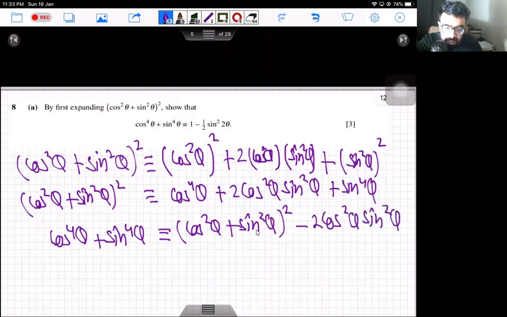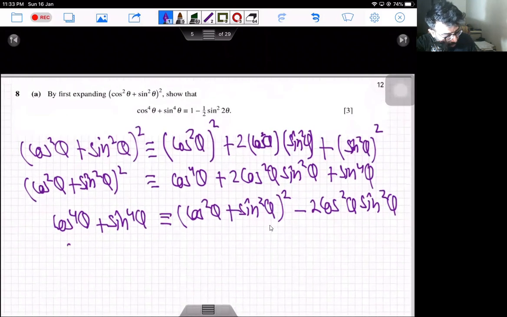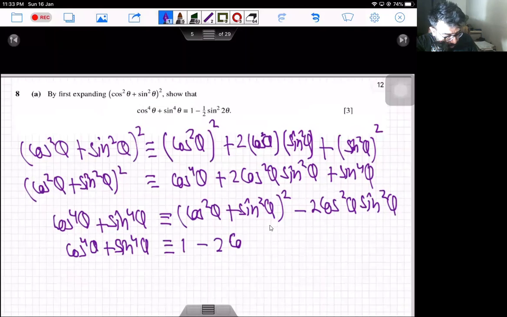Since we know the basic identity since P1 that cos²θ + sin²θ is equal to 1, we can rearrange it in this form. cos⁴θ + sin⁴θ is exactly equal to 1 minus 2 times cos²θ times sin²θ.